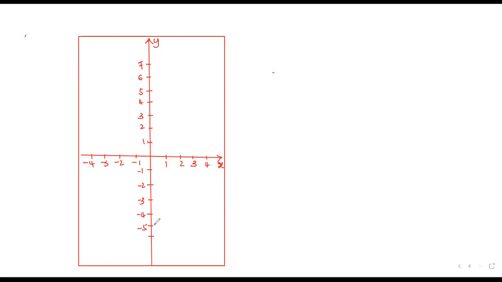Children, so that you can understand why I wrote these, why negative values this side. By any chance, if I write this -2 like this on the other side, the right side, it can be that they confuse it with this line. Therefore, normally I write the y negative values on the left side. Okay.